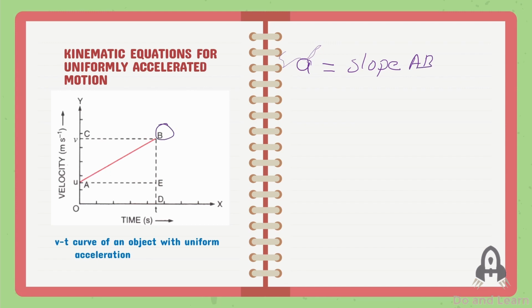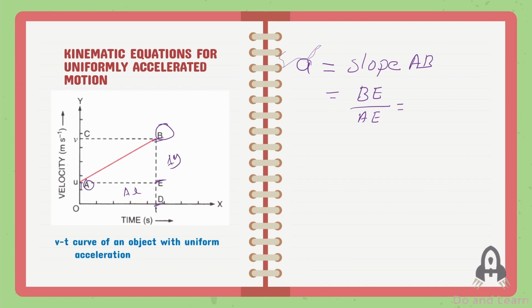The slope is equal to this distance, delta y, divided by this distance, delta x. So it is equal to BE divided by AE. What is BE? BE means this much distance.